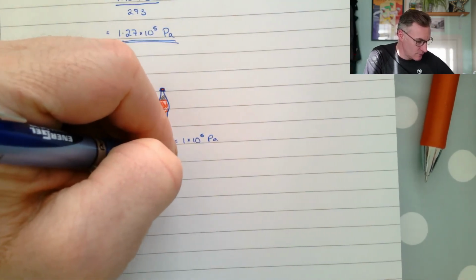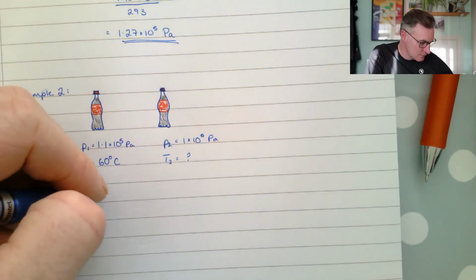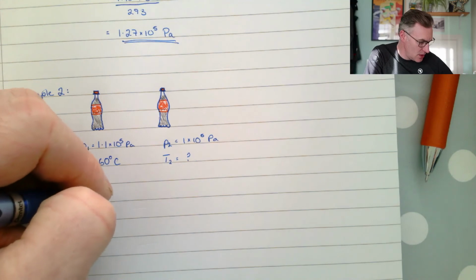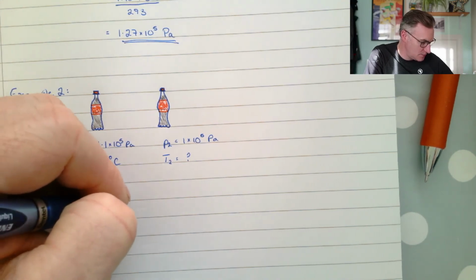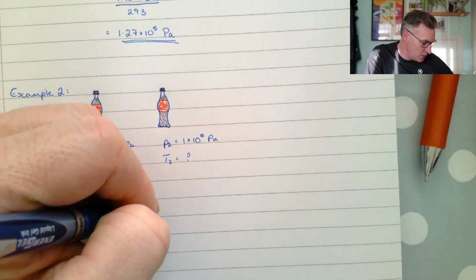So let's set P2 at 1 times 10 to the power of 5. And that's T2, so we'll put a question mark there. Gay-Lussac's law is P1 over T1 equals P2 over T2.